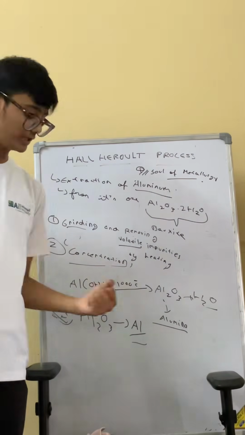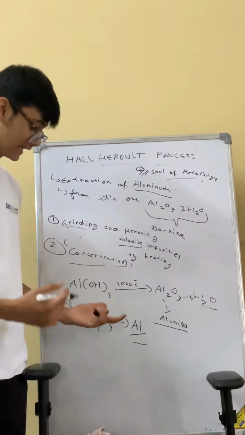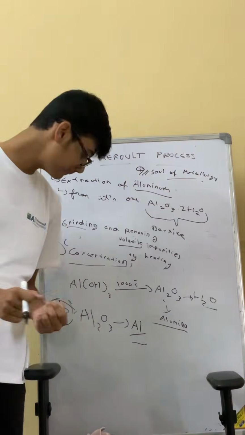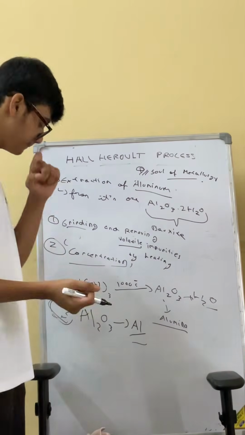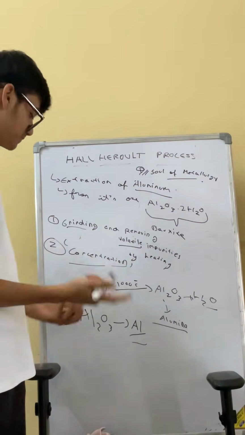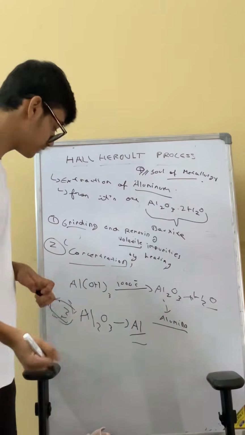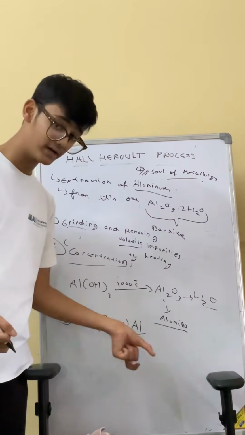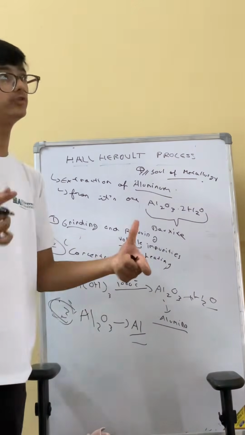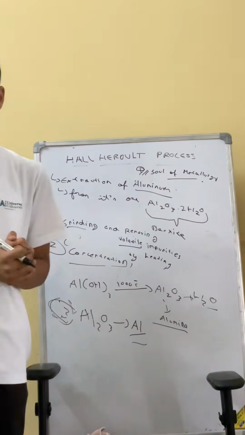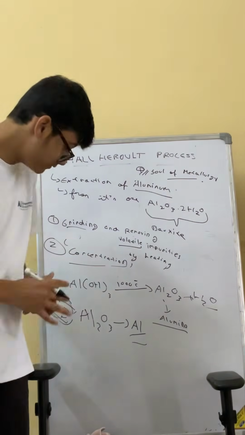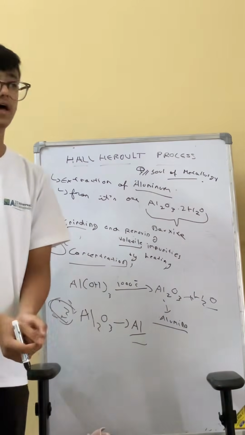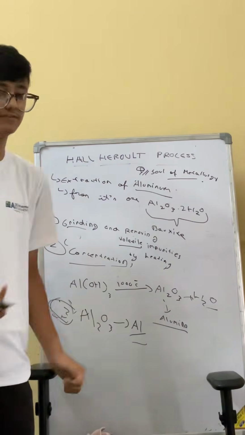Usually that removal of oxygen is typically done through calcination or roasting. I won't explain it right now because it will take a lot of time. So Al2O3 is converted into Al, but not through the typical methods of roasting or calcination. One of the most typical or major ways in which we remove oxygen is obviously reduction with carbon.